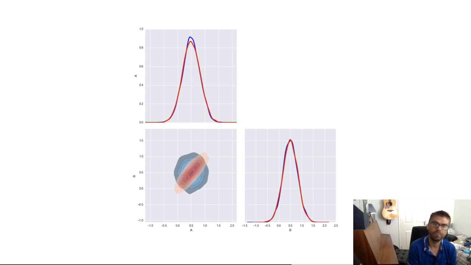However, if we go back and look at that 2D distribution, we see that for the red posterior probability distribution, A and B are correlated, whereas for the blue distribution, there's no correlation. If there's correlation between the parameters, storing just the marginalised posterior distributions, such as in the top left and bottom right-hand plots, which is what is traditionally done with catalogues, loses information.